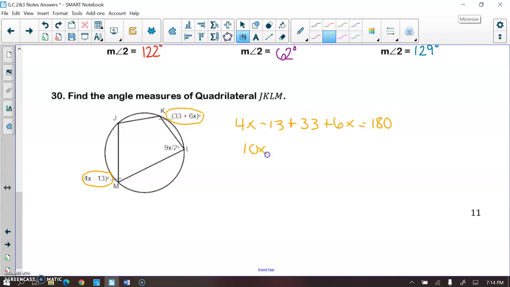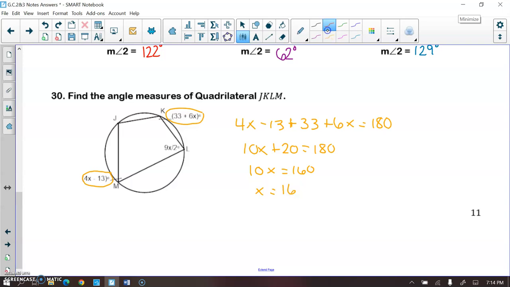So I have 10x plus 20 is equal to 180, or 10x is equal to 160. Dividing by 10 on both sides, x comes out to be 16.